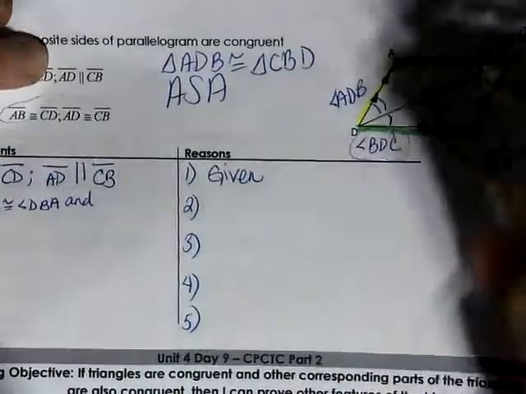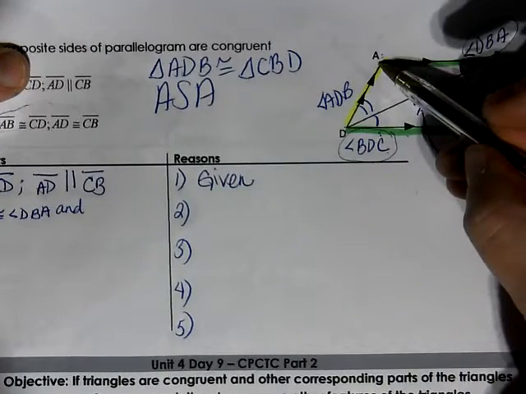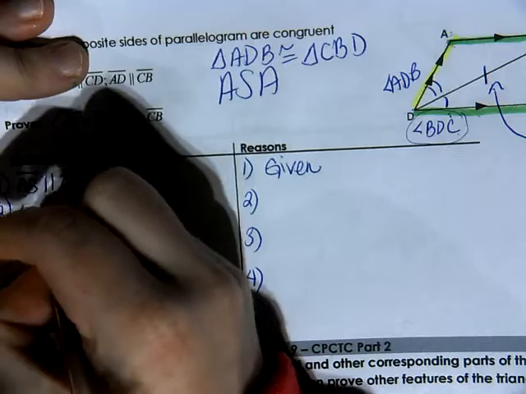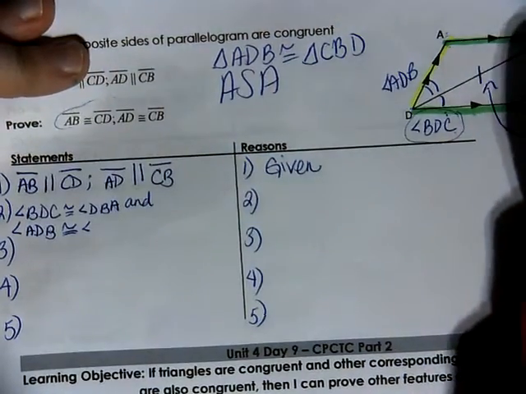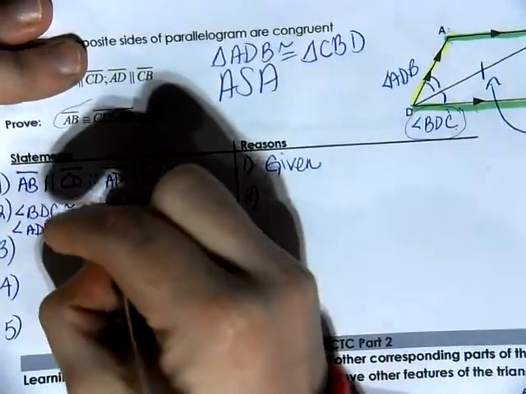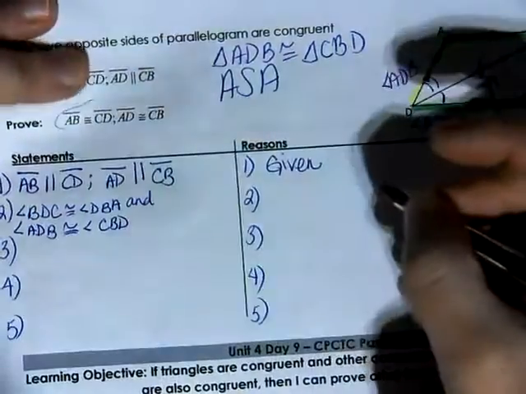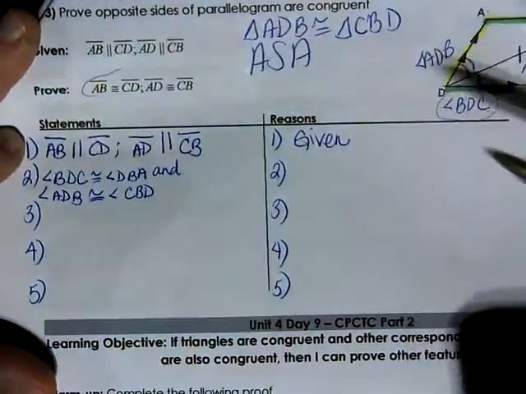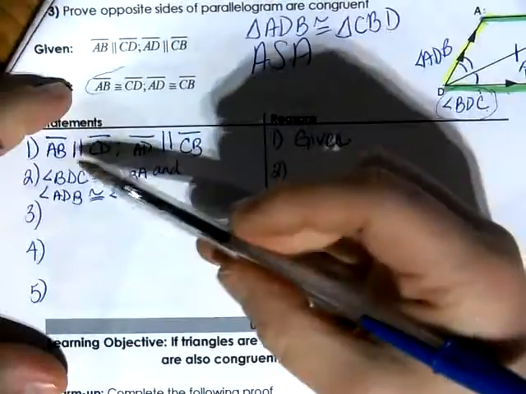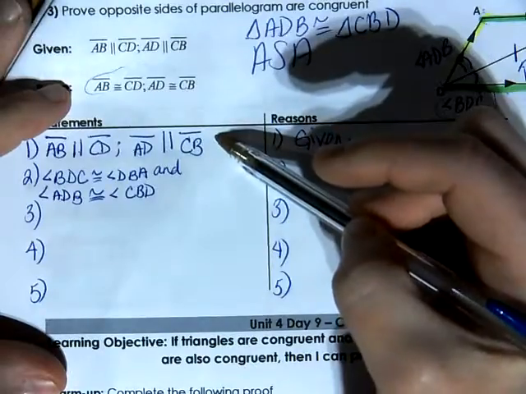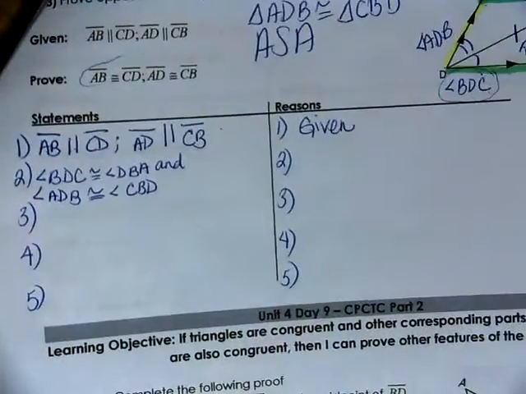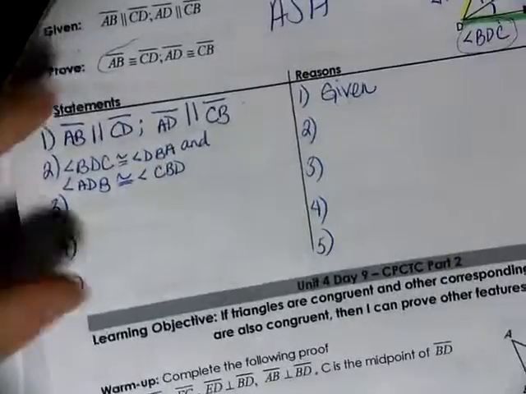And the other set of angles, ADB, needs to be congruent to angle CBD. And I have to write down both pairs because I was given both pairs of parallel sides in my given statement.